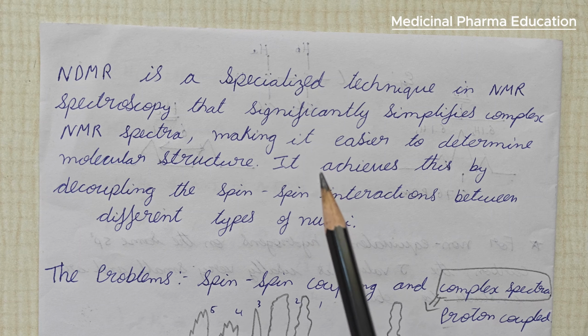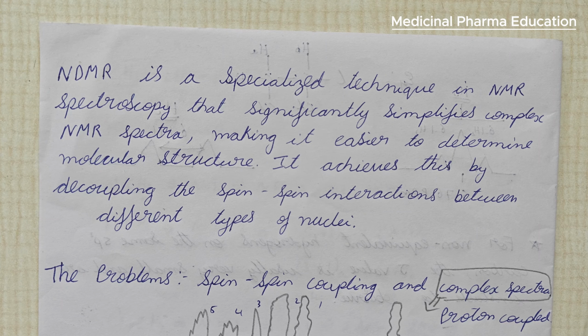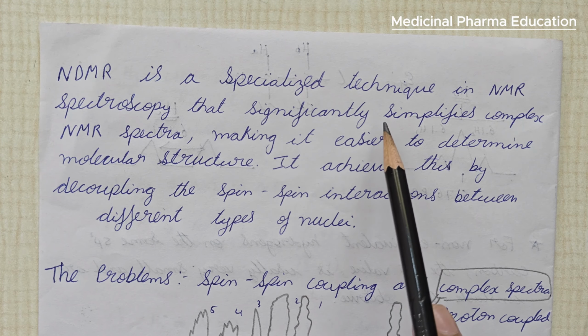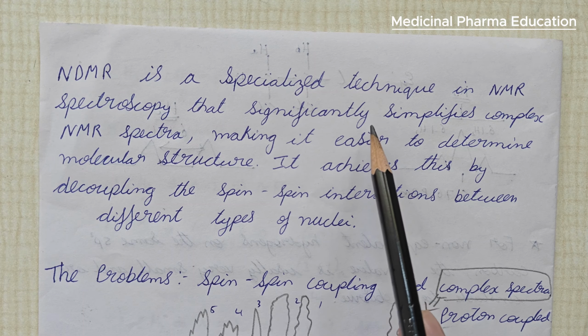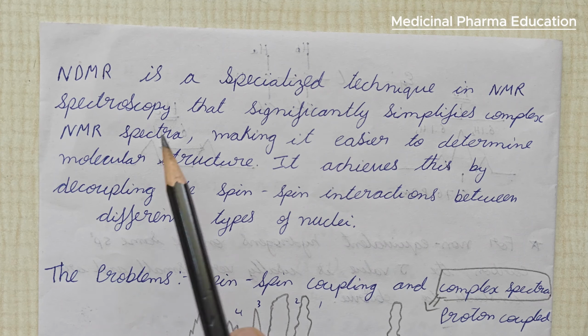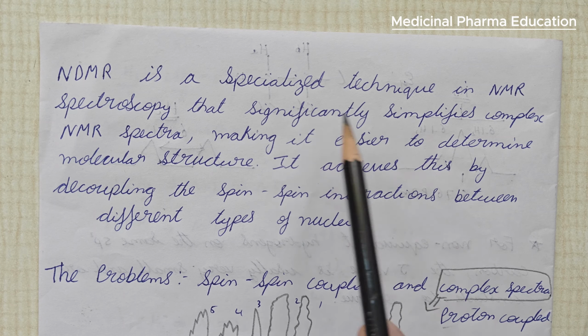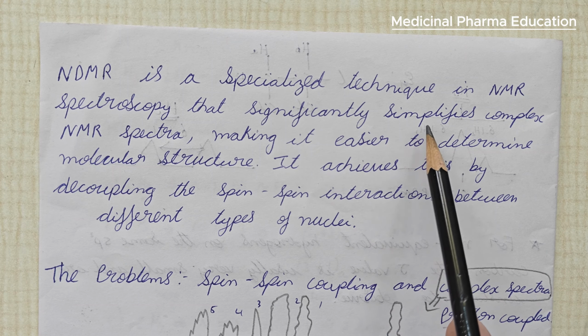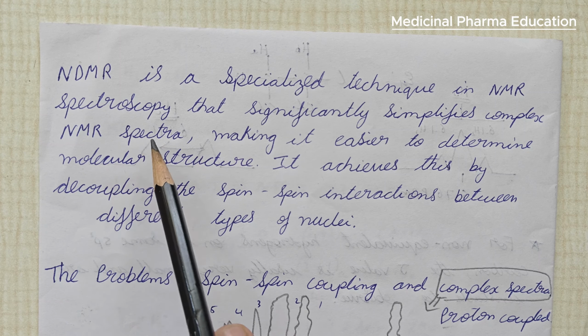See, spin splitting or coupling, what we studied in the previous class, gives an unwanted spectrum by interacting with a neighboring nucleus. The unwanted spectrum is reduced by decoupling. Coupling means increase, decoupling means decrease in the complex spectrum. See, it significantly simplifies complex NMR spectra.